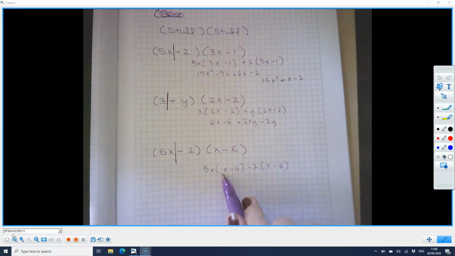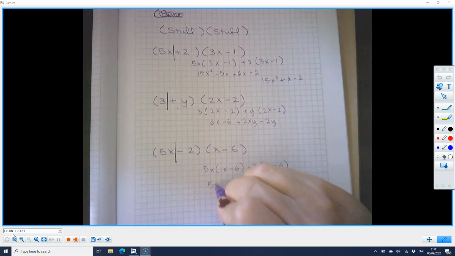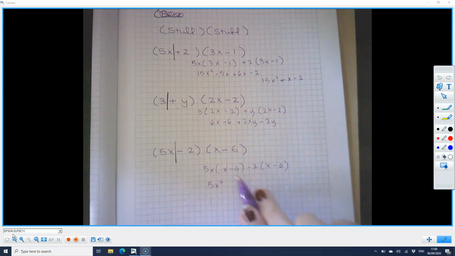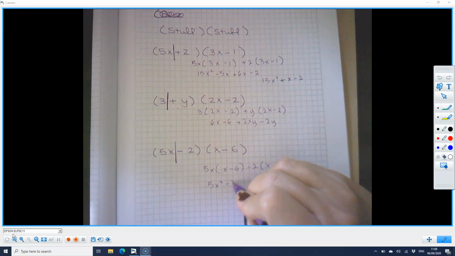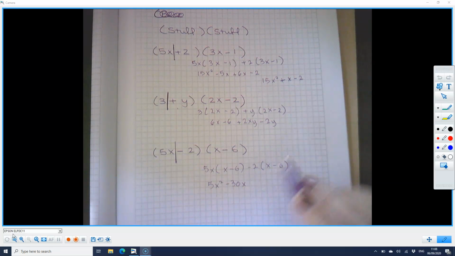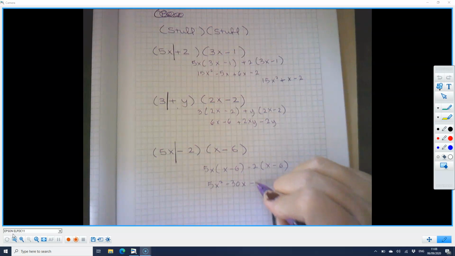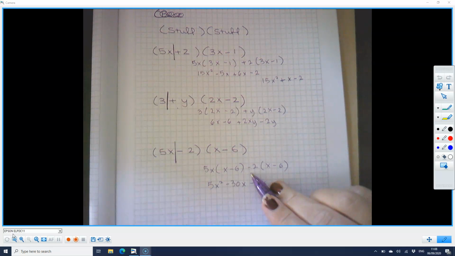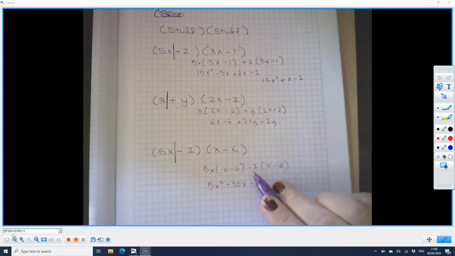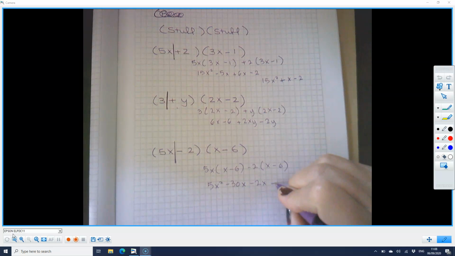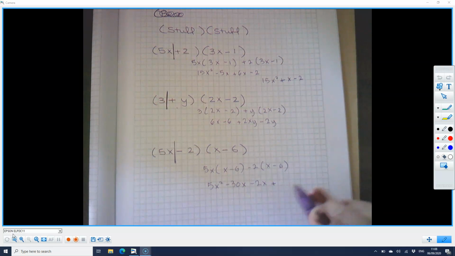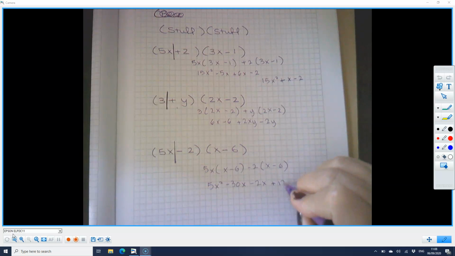Multiply it out, so you go 5x by x, which will give you 5x squared. 5x by minus 6 will give you minus 30x. Minus 2 by x will give you minus 2x. And minus 2 by minus 6. So we've got a minus multiplied by a minus, so that changes and becomes a plus. And 2 by 6 gives you 12.